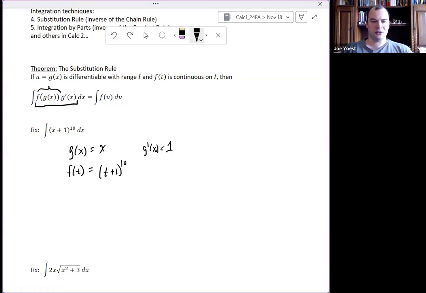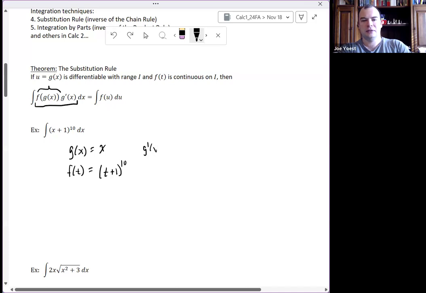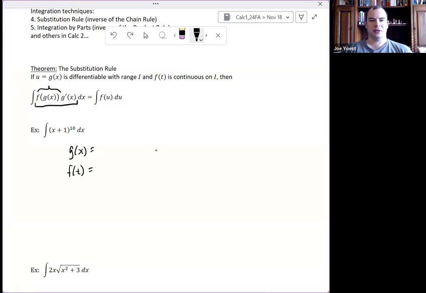There's kind of like a Goldilocks function to put into g. And really what I often look at is, what's the overall structure of the function, like stuff to the 10th? Can I integrate stuff to the 10th? Can I integrate t to the 10th with respect to t? Sure, I can.